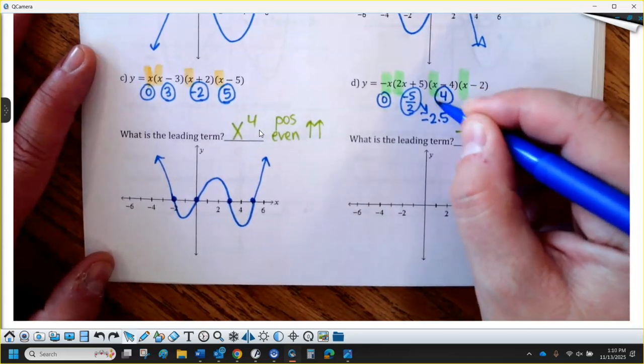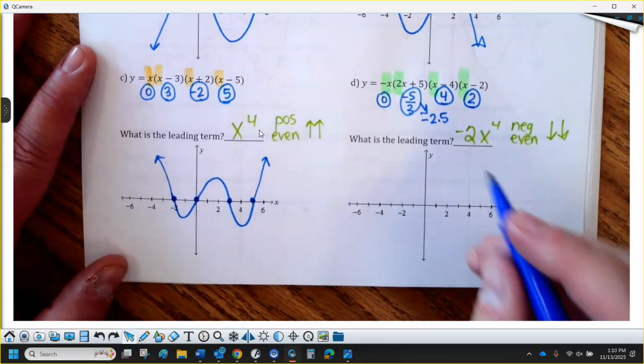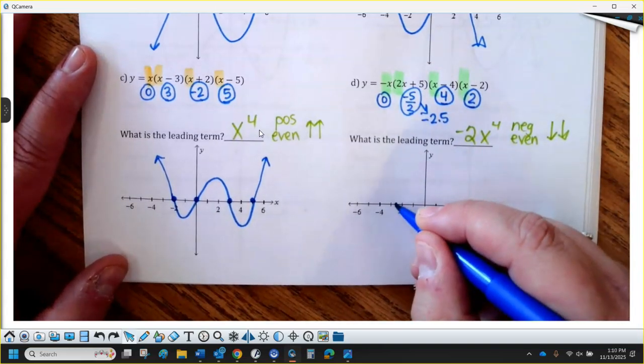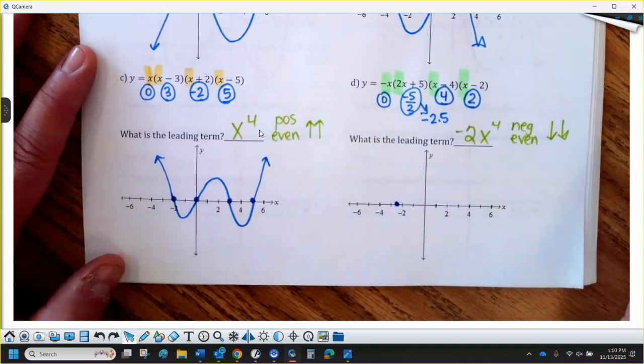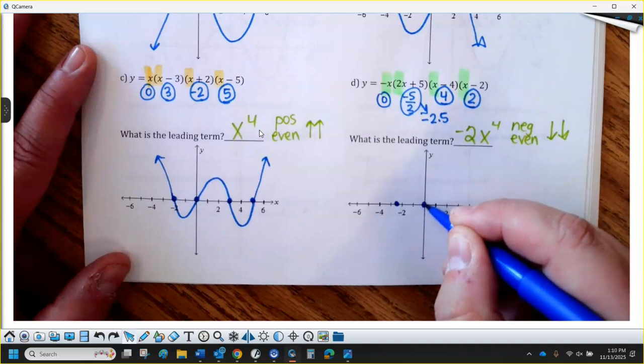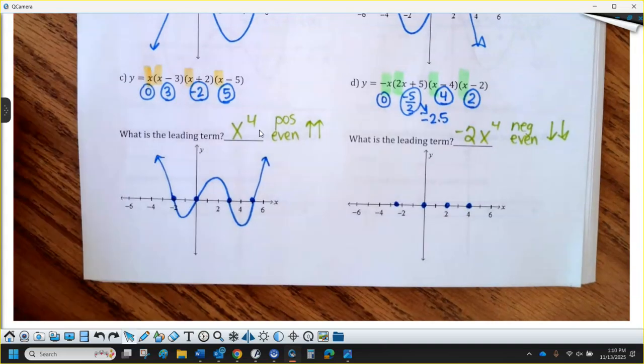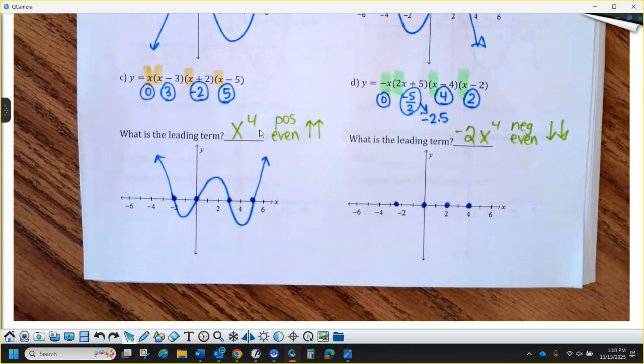I got x minus 4, so that's positive 4, x minus 2, so that's positive 2. So I'm just going to do my best. Negative 2.5, I'm going to go best I can between negative 2 and negative 3. I've got 0, positive 2, and positive 4. So those are the 4 spots that we're going to cross the x-axis.